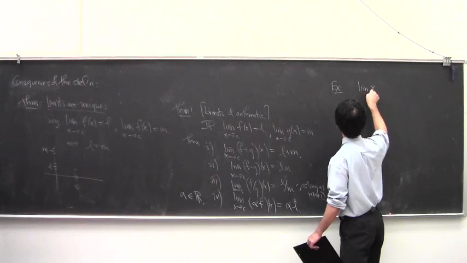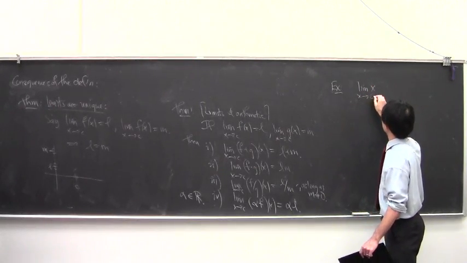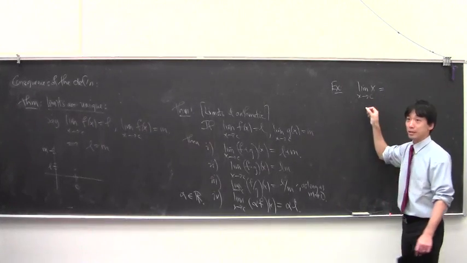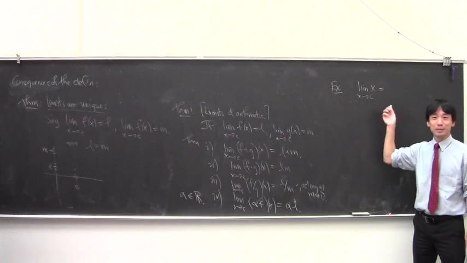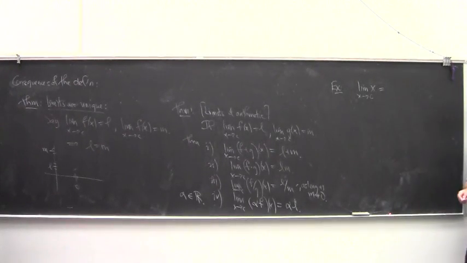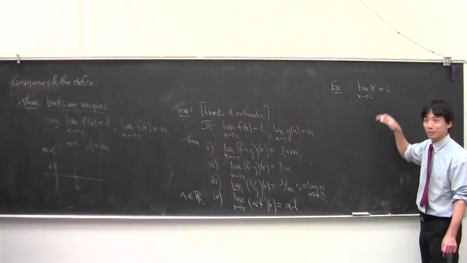For example, the limit of x as x approaches some value c is what? What's the limit of x as x approaches c? C, right? As x approaches c, x goes to c.